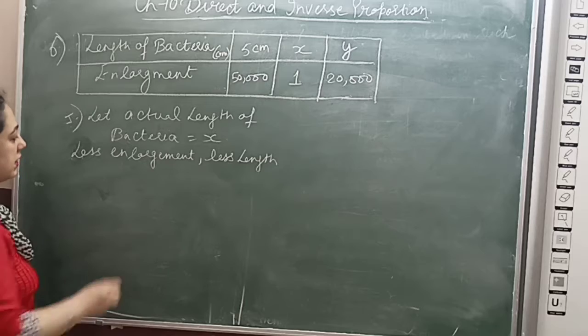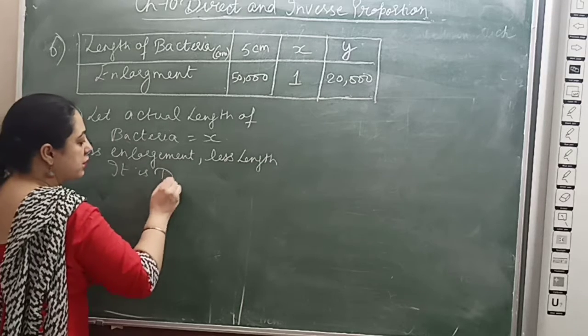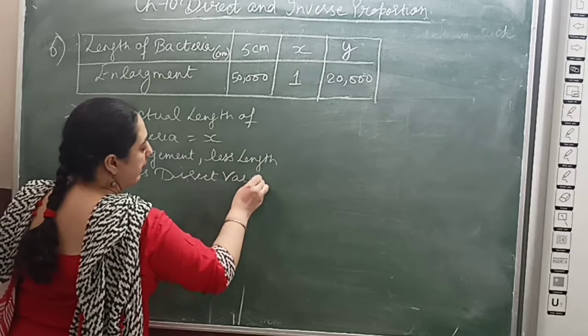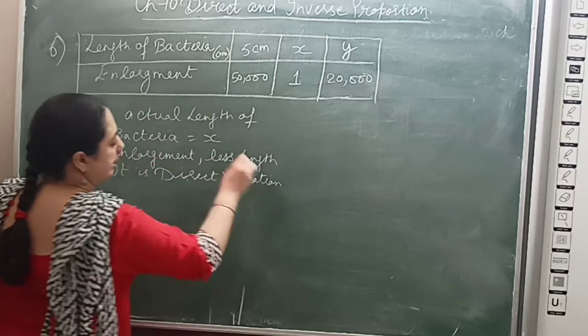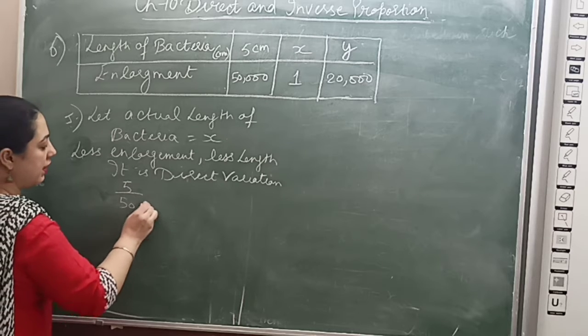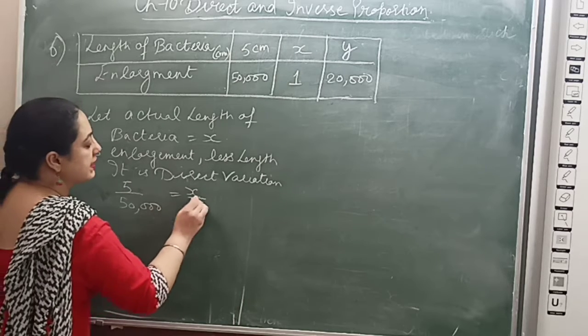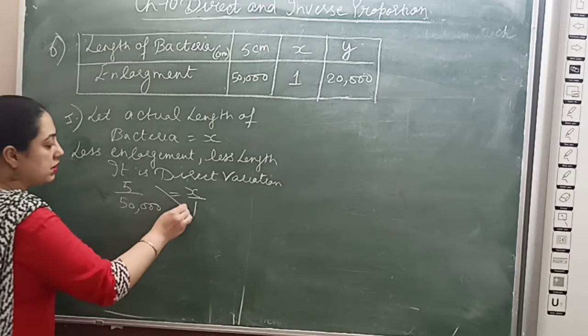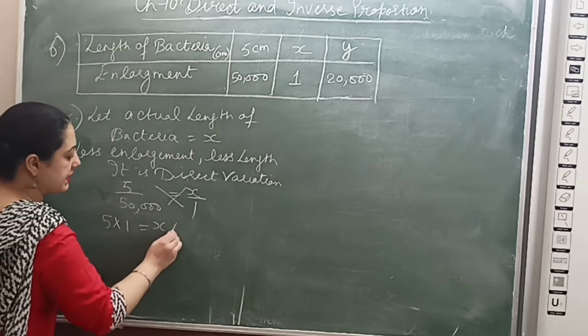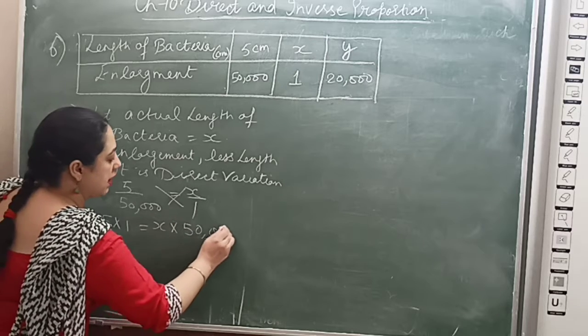So according to the direct variation, their ratios are equal, that is 5 over 50,000 is x over 1. Now do the cross multiply. 5 into 1 is x into 50,000.